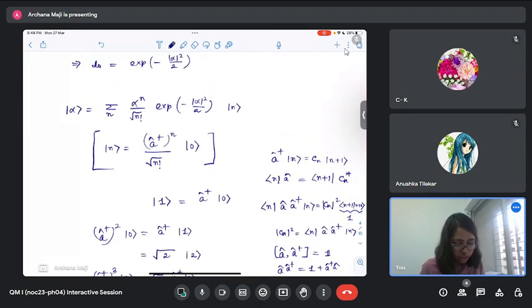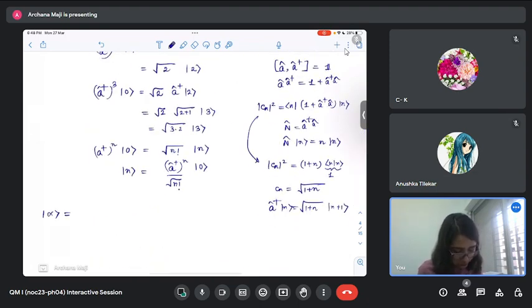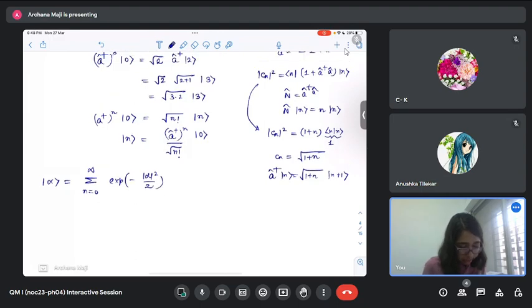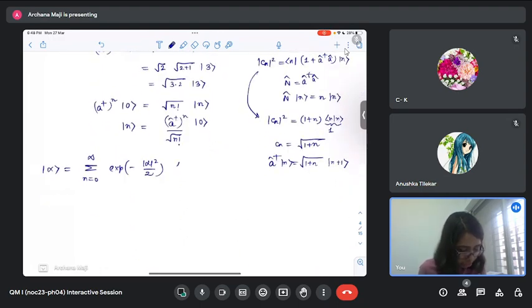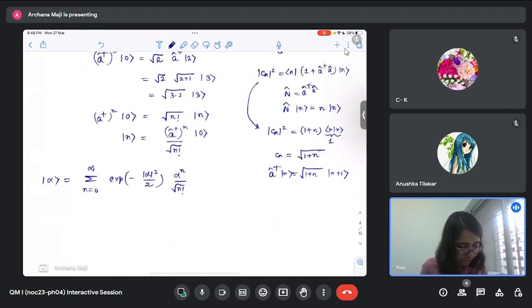Because this n-particle state is appearing in the coherent state, we can replace it and write our coherent state |alpha> as the sum from n equals 0 to infinity of exponential of minus mod alpha squared over 2, times alpha to the power n over square root n factorial, times the n-particle state, which we can replace in terms of the vacuum state.